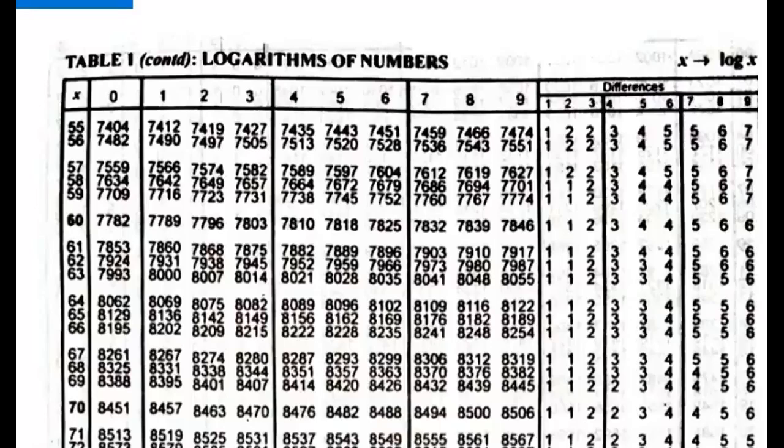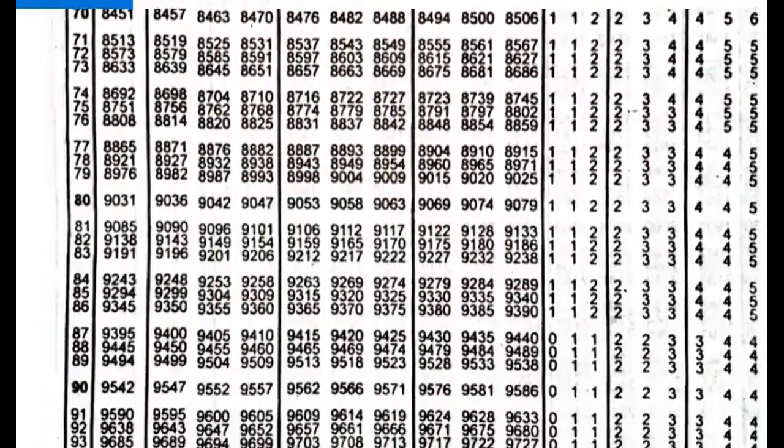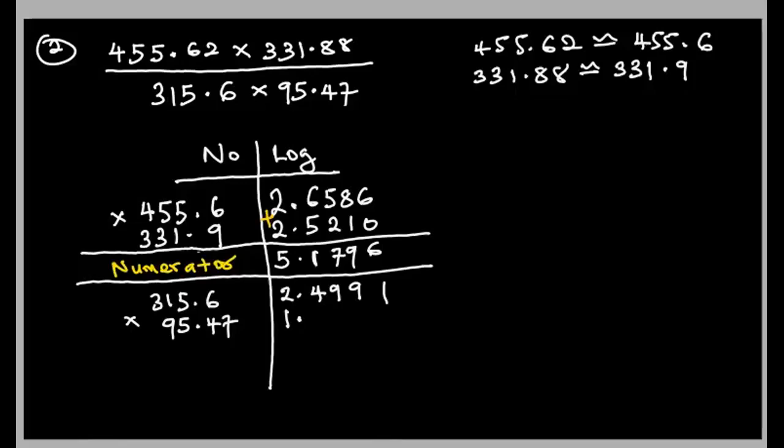Under the log table, 95 under 4 is 9795. Difference of 7 is 3. So when you add these values, you have 9798.